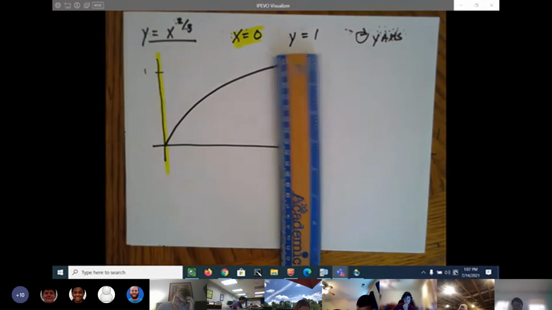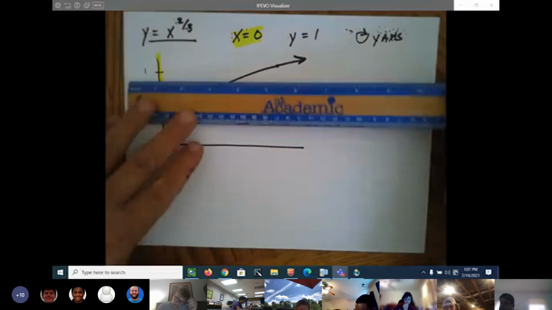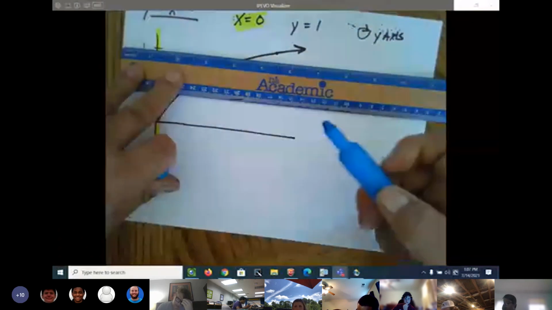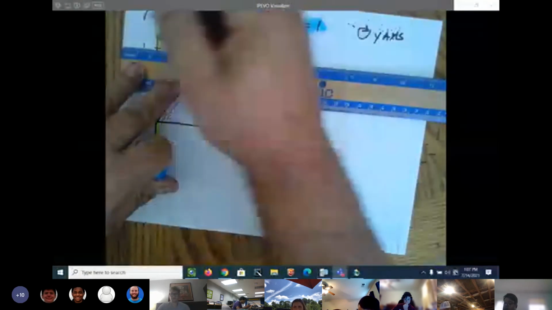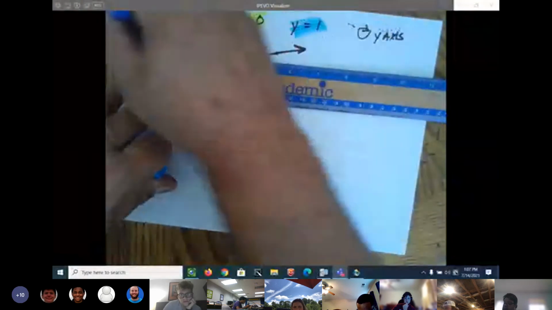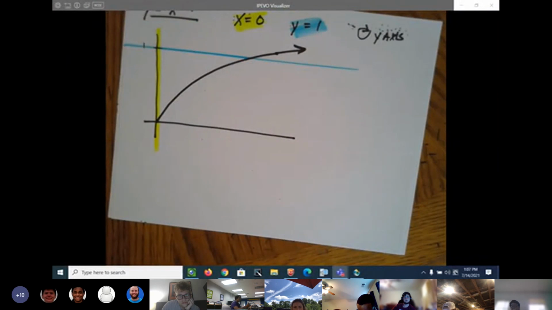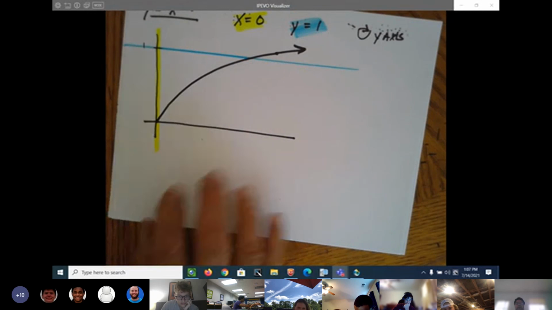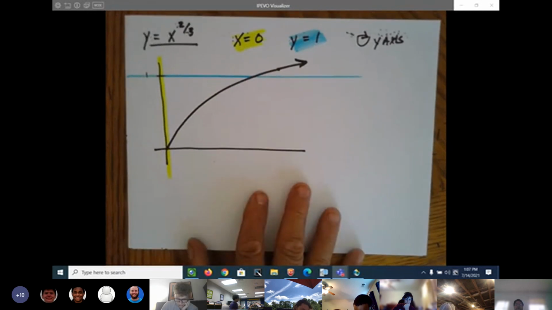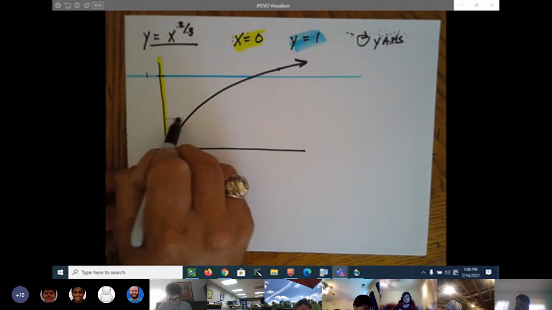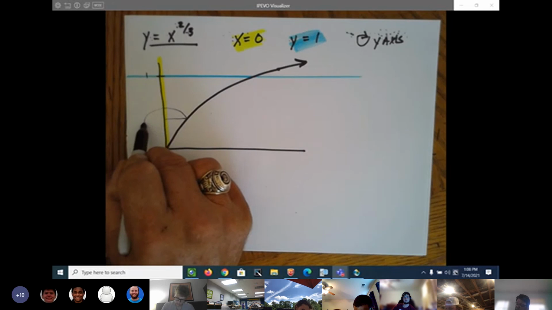So I'm going to draw a disc, and there is my drawing. When you draw your button, I call it a button, a disc, whatever you want to call it, look at it.